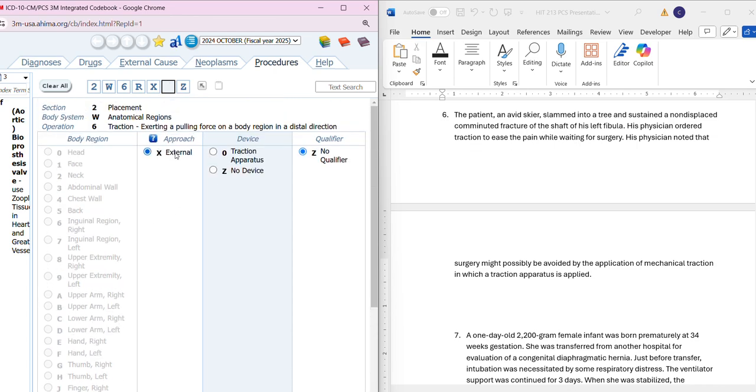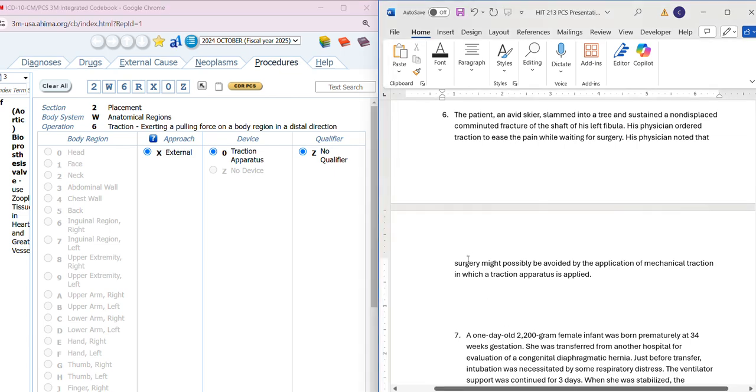And obviously the approach is external, because you apply traction outside of the body, not internally. And for device, it says in which a traction apparatus is applied. So that's going to be 0, traction apparatus, and there is no qualifier.